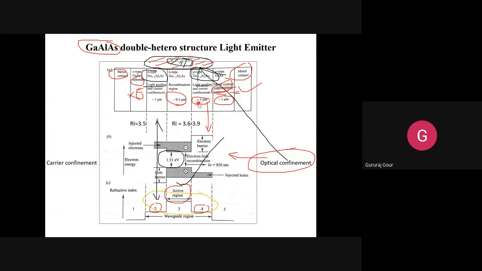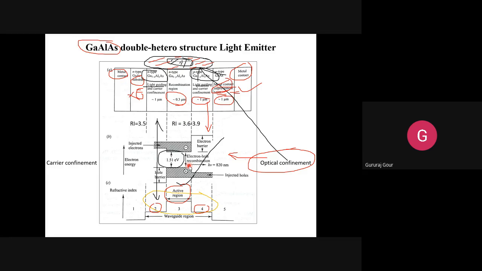By keeping this recombination region in a very small size, roughly 0.3 micrometer, with the reduced band energy, we get more electron hole recombination density, and with that more radiance. Radiance is concerned with the region size, which is very small.